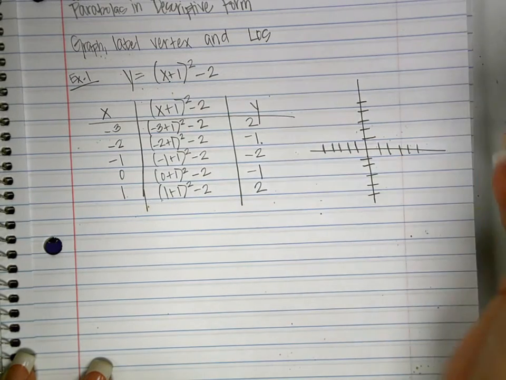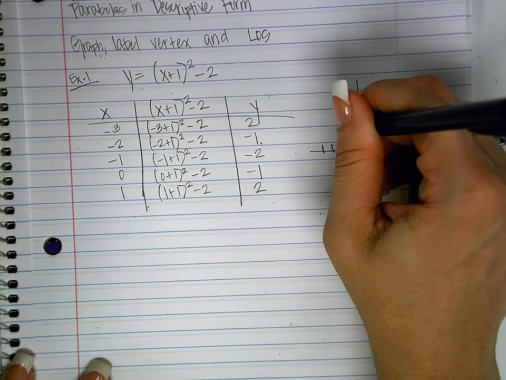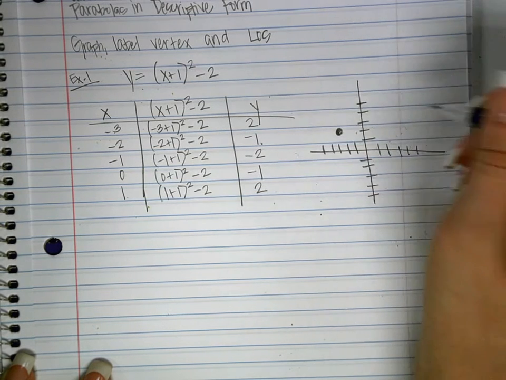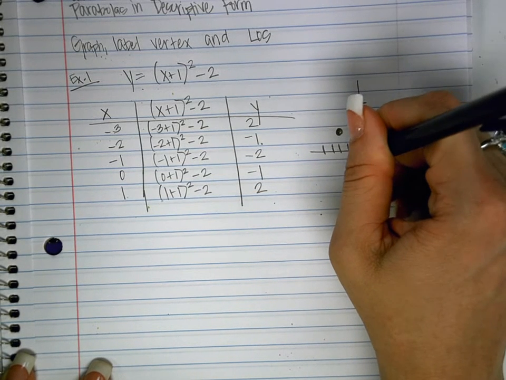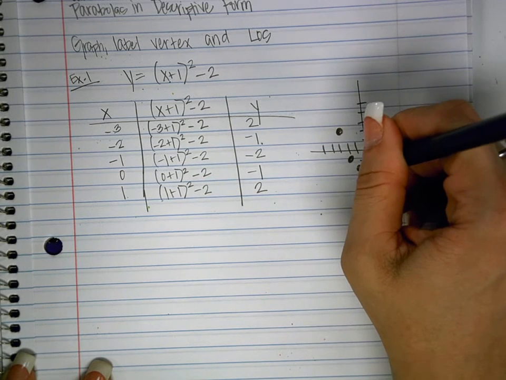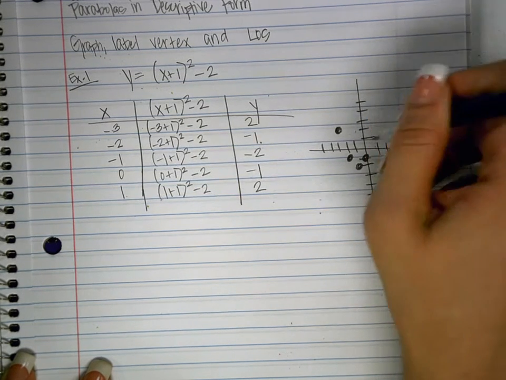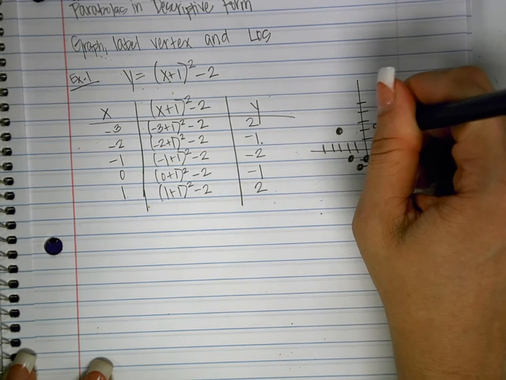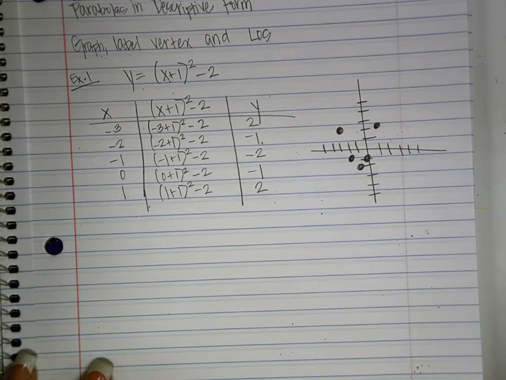If you plot these points, I have one point at -3, 2, so over 3 up 2. Your next point is -2, -1. Our next point is at -1, -2, then 0, -1, and finally 1, 2. Is this forming a parabola shape? Does that look like a parabola?